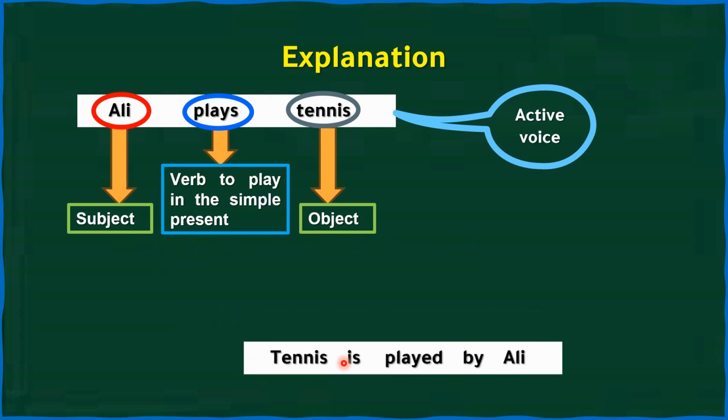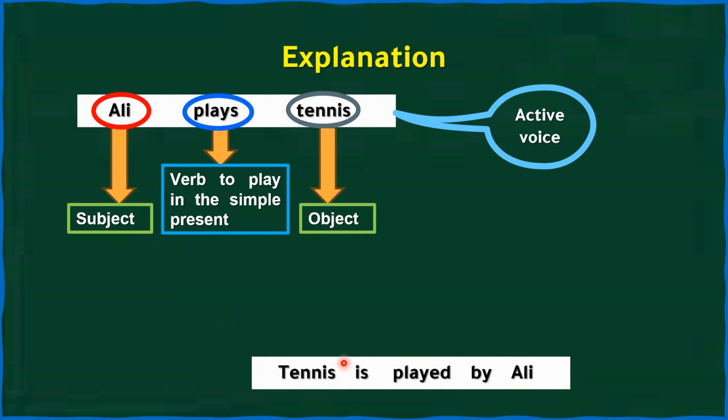For the passive form, the possession of the subject and the object changes. Look here. Ali becomes in the possession of the object, and tennis, which is the object here, becomes in the possession of the subject.